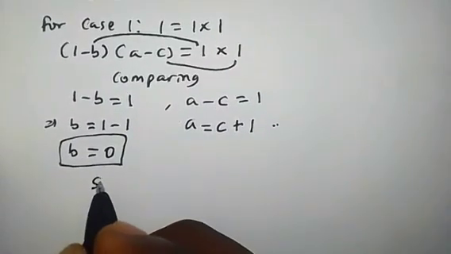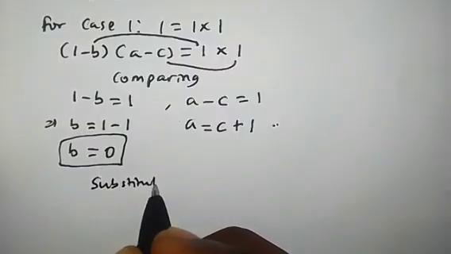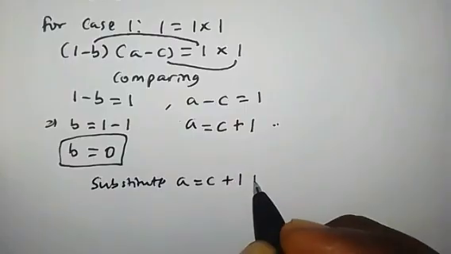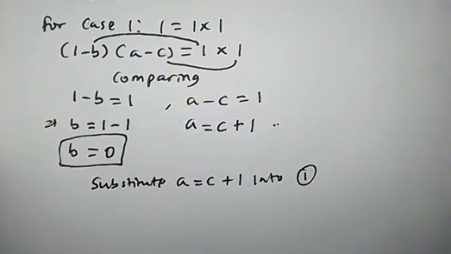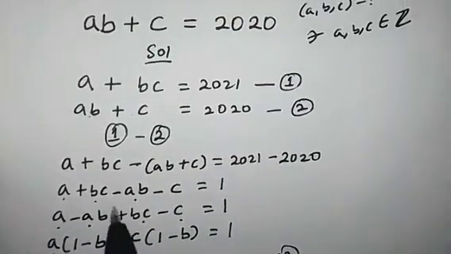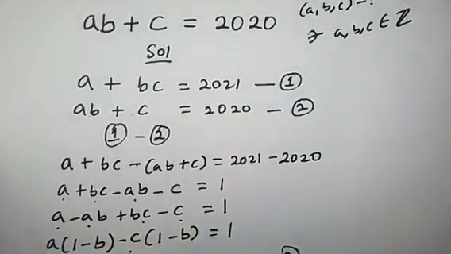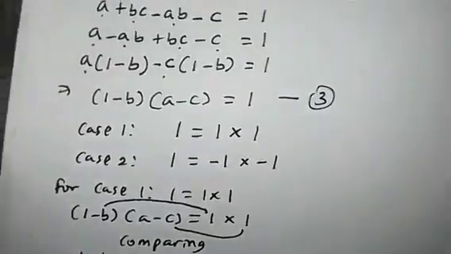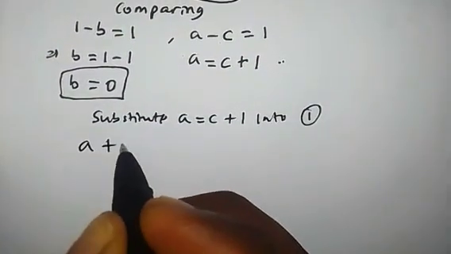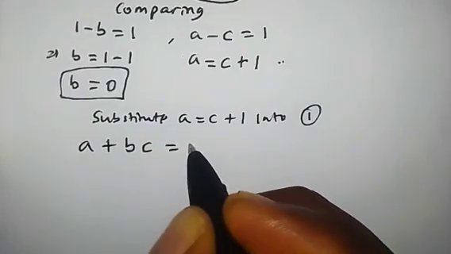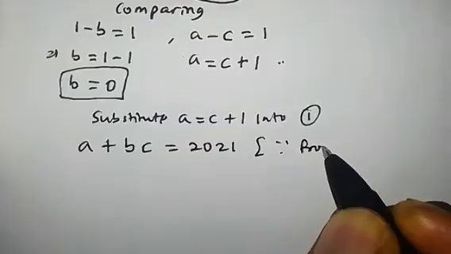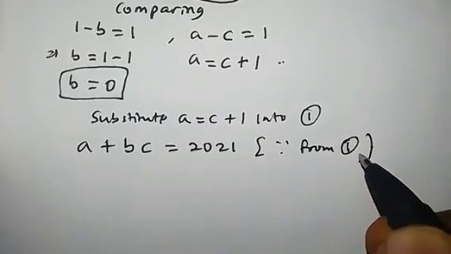So substitute A = C + 1 into equation 1. Let me show you equation 1. This equation 1: A + BC = 2021.